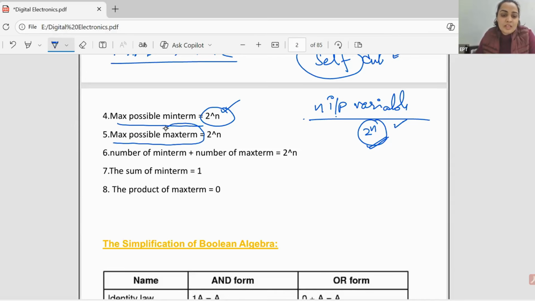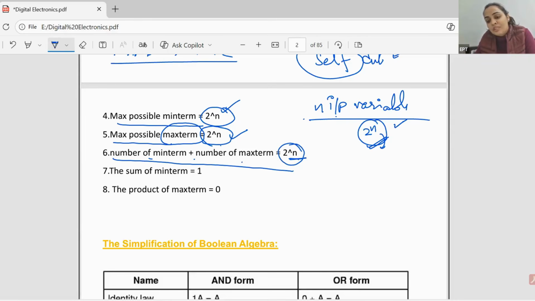Next is max term. Again, the maximum number of max terms is 2 raised to power n. In any system, the total of min terms plus max terms will not be greater than 2 raised to power n. Suppose we have three variables, so the total number of possible input combinations is 8.